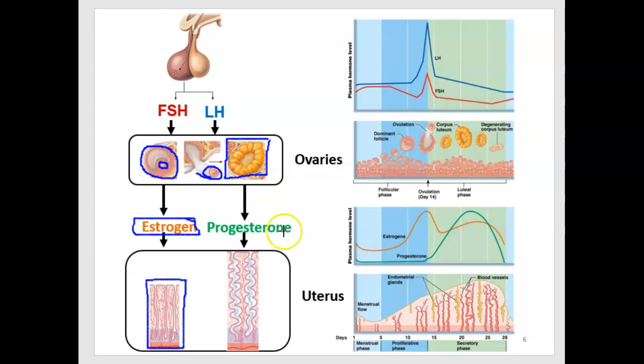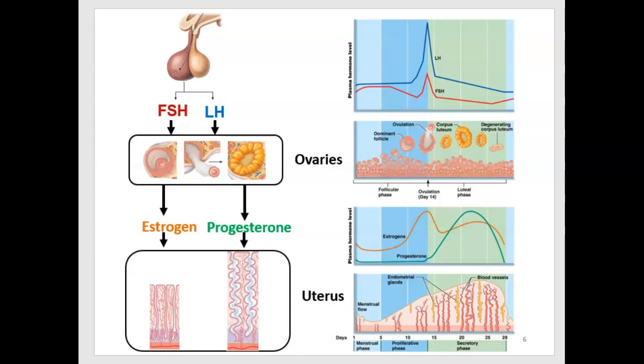In addition, the corpus luteum secretes progesterone, and progesterone will be acting on the endometrium as well, causing the secretory phase. This is a picture of the secretory phase, where the uterine glands become coiled and start secreting glycogen-rich fluid. So there's a lot of different things that happen.